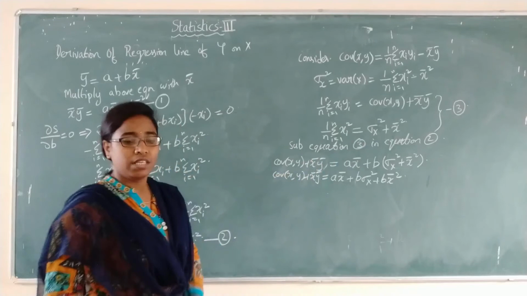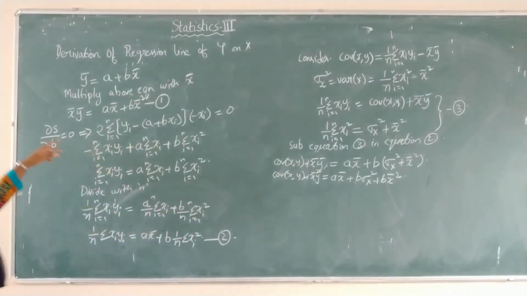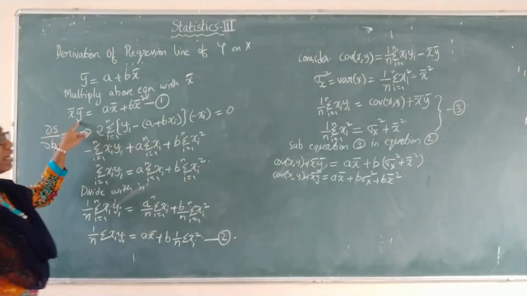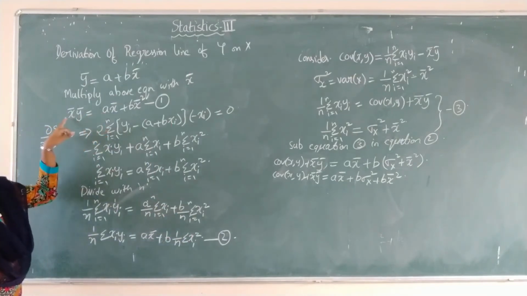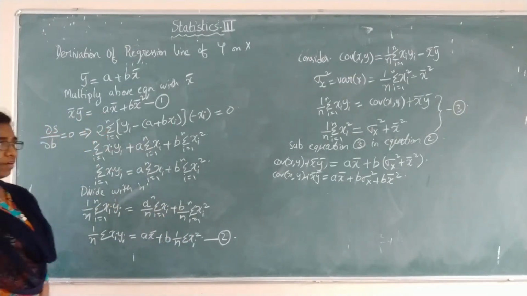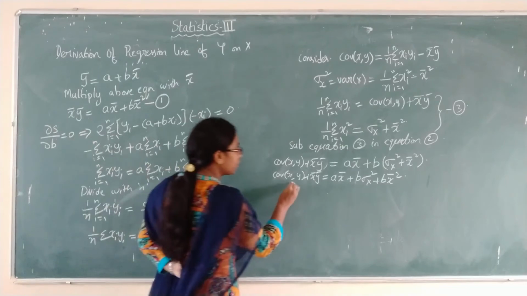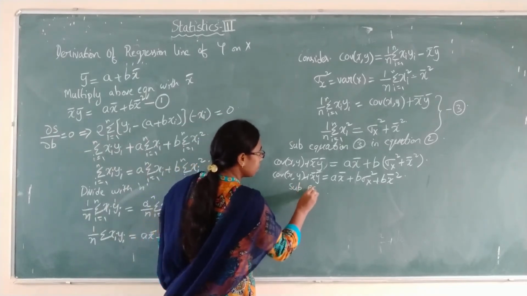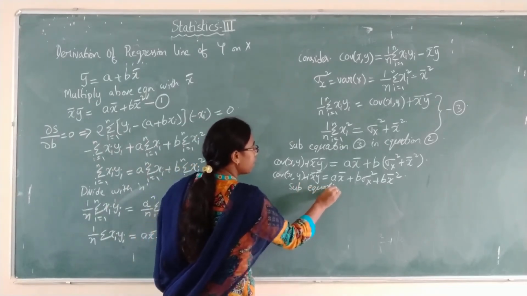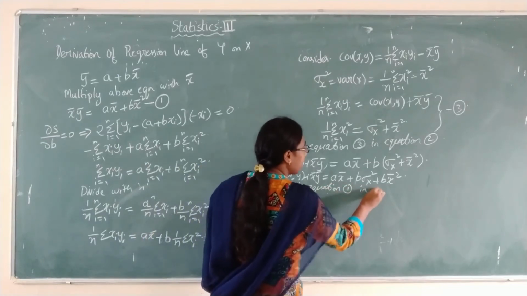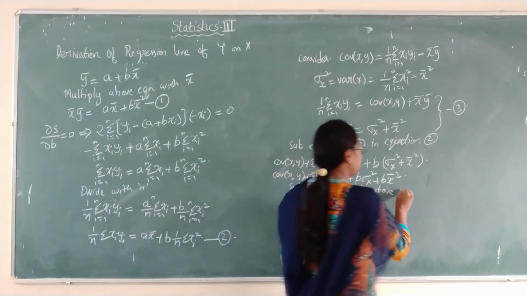So if you observe, we have equation 1. In our equation 1, we have the value for y bar, that is a plus b x bar. So substitute equation 1 in the above equation.